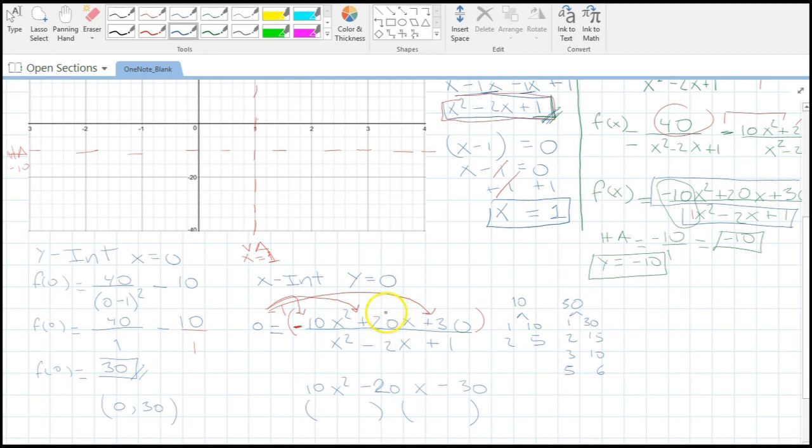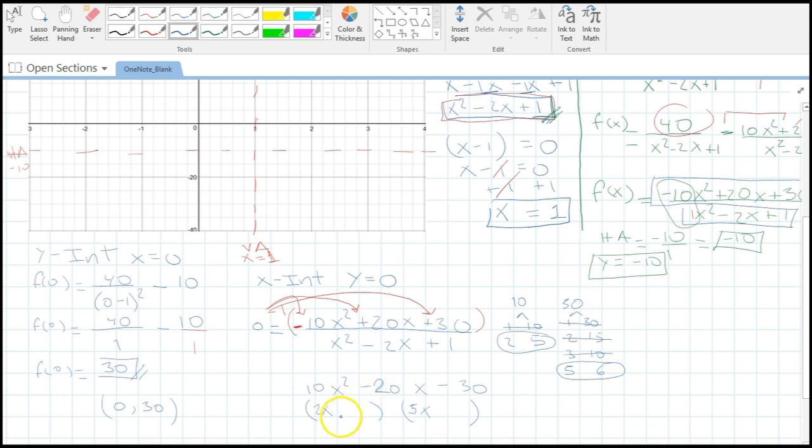Since I'm trying to match a 20x, I'm not going to multiply by such a huge number like 30 because it's going to give me something really big. 15 I think is too large, 10 as well, 3. So I'm going to try with the smallest factors for each number. So I have factors of 10. I'm going to try 2 and 5.